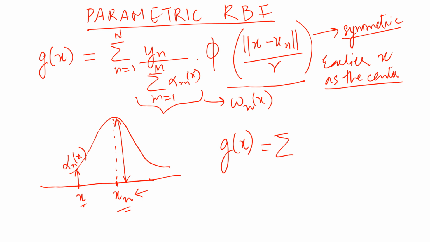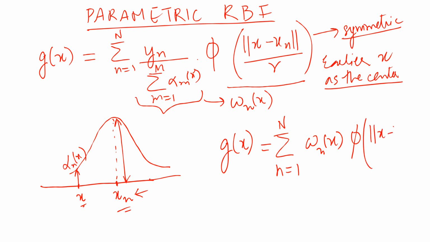And so it is going to be some weight depending on the curve at that particular point, times whatever this function was giving me, right? And let me write it down to make it clear. So sum over n equals 1 to N, and my function stays as it was.